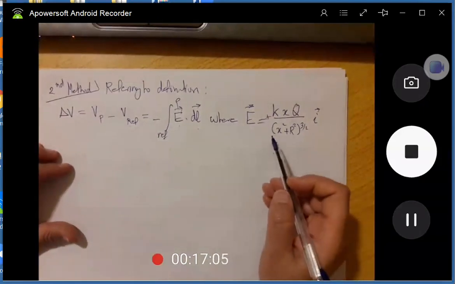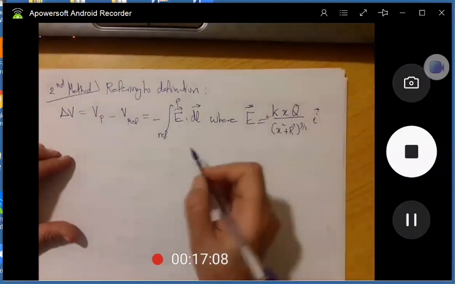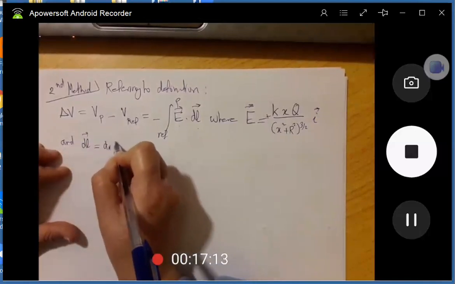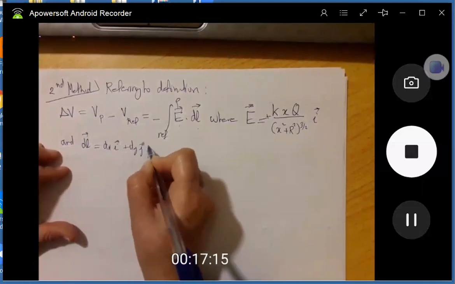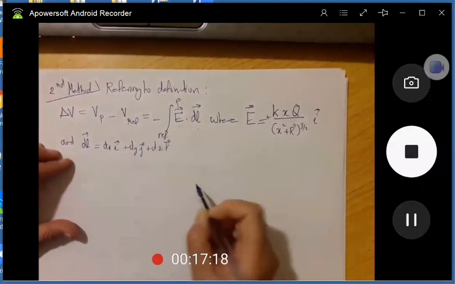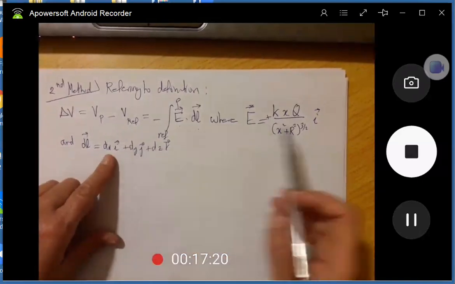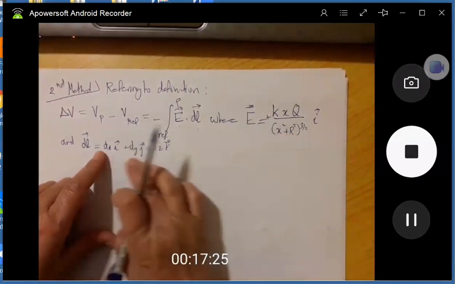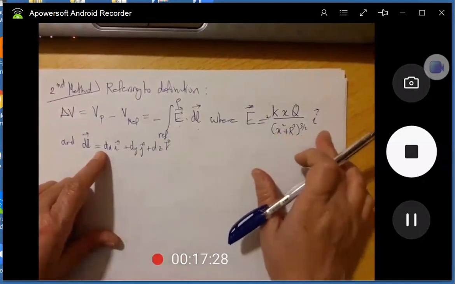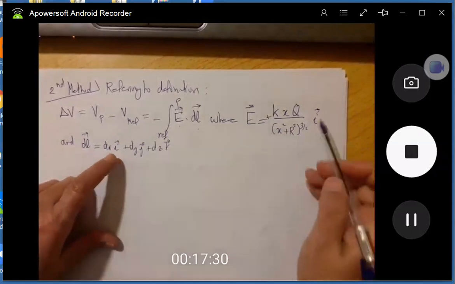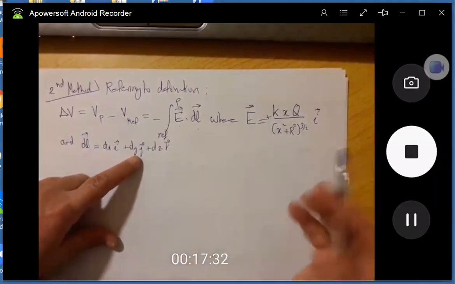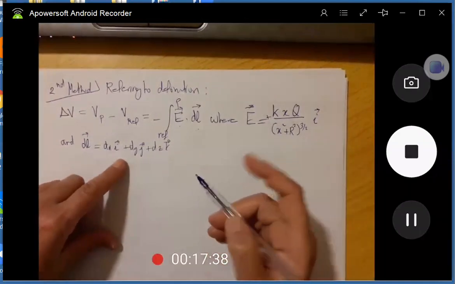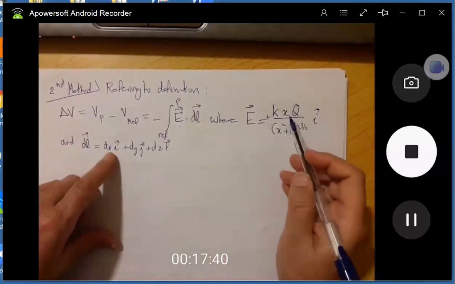If we want the dl vector, it is dx i plus dy j plus dz k. When you do the dot product between E and dl, i dot i is 1, i dot j is 0, i dot k is 0, so what remains is just the i component coefficient.